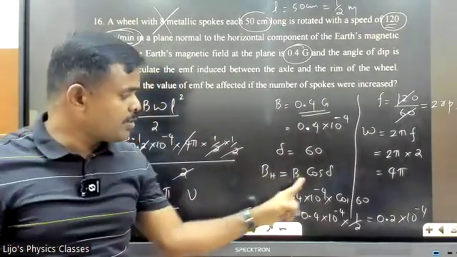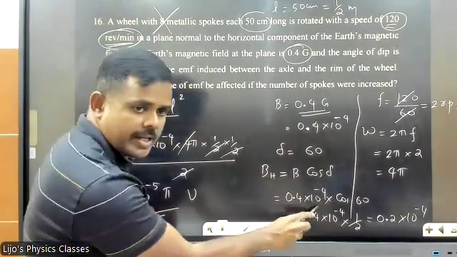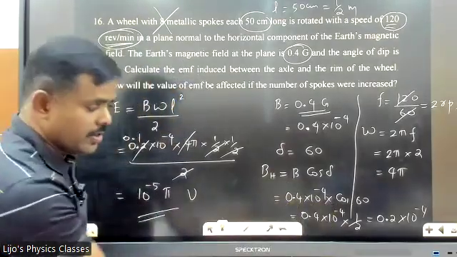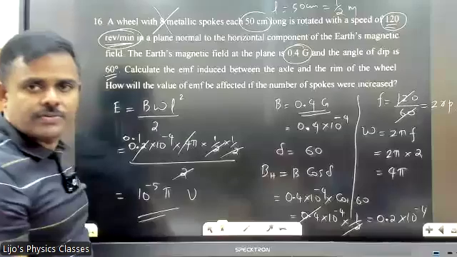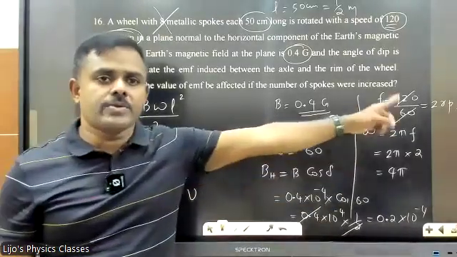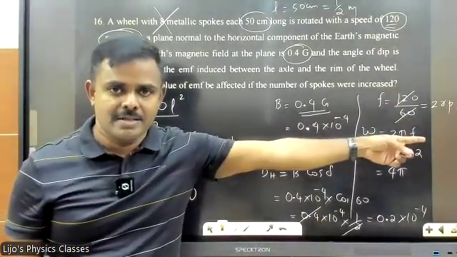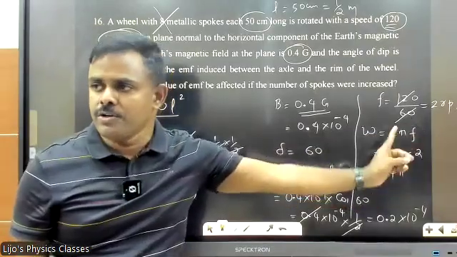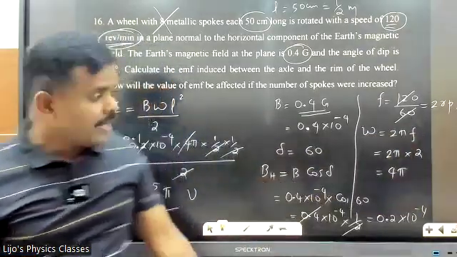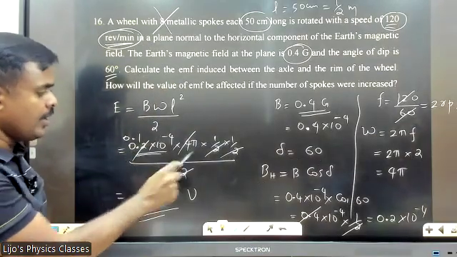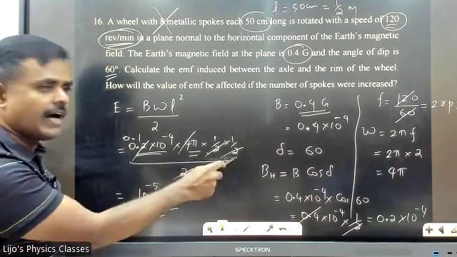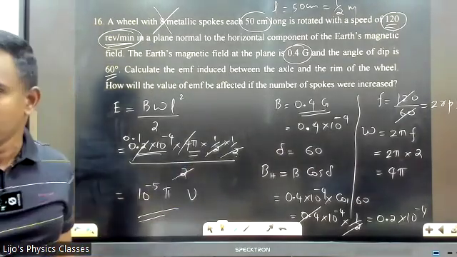So BH is equal to B cos delta. 0.4 into 10 raised to minus 4 into cos 60. Cos 60 is 1 by 2. Cut this with this, 0.2 into 10 raised to minus 4. And frequency is 120 by 60, 2 RPS. Omega will be 2 pi into F, 2 pi into 2, 4 pi. And I put it back here, B omega L square by 2. Magnetic field here, omega here, length is half into half by 2. Solve it, you'll get the final answer.